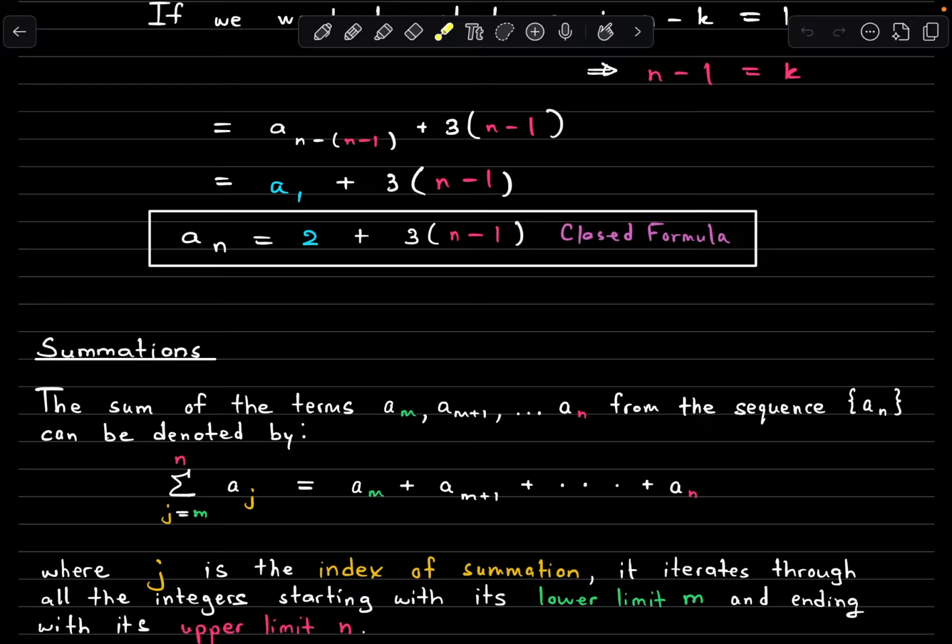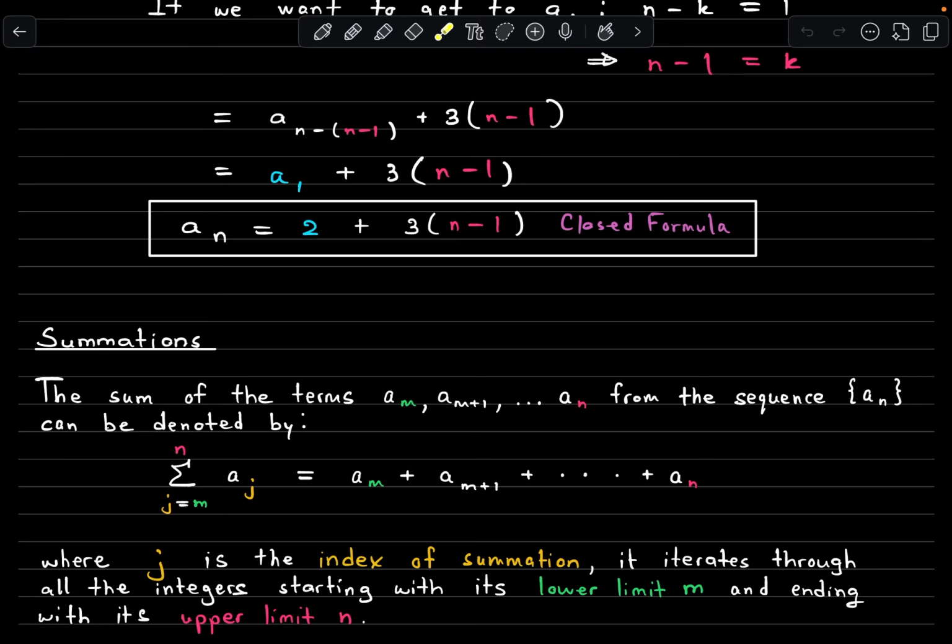J doesn't have to start at 0. I could start with J equals 5, and just want to add terms 5 through 10 together, something like that. This is iterating through all of the integers, starting with the lower limit and ending with the upper limit. And that means exactly what we're saying: a sub m plus a sub m plus 1, all the way up to a sub n.